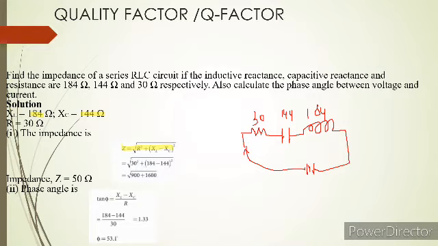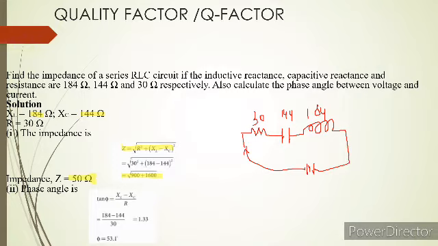Substituting and squaring, finally we get the square root of 900 plus 1600. If you calculate further, you'll get the impedance as 50 ohms.